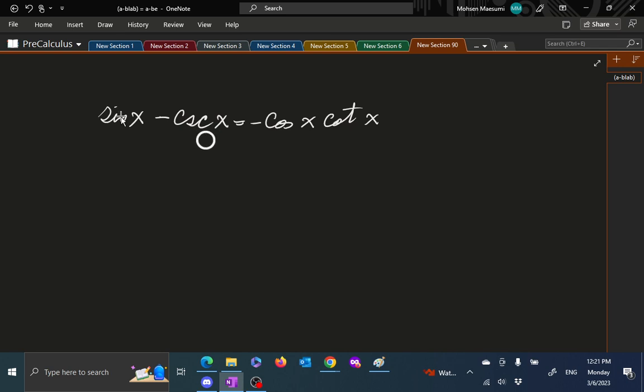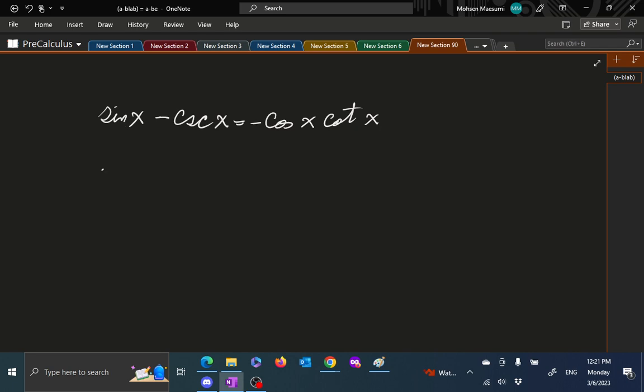So how can I go from this to that? I know that cotangent is cosine over sine, and this is also sine in the denominator. So maybe that's going to provide me a way to go.